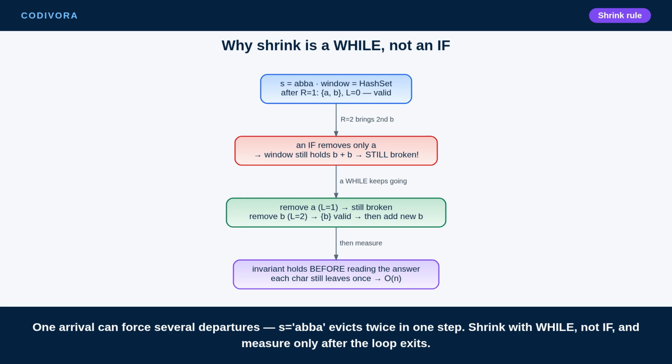A while keeps evicting. Remove A, still broken. Remove the first B, now valid, then add the new B. The rule: keep ejecting from the left while the window is still broken, and read the answer only after the loop exits. And because the left pointer still only moves forward, every character leaves at most once, so it stays linear.